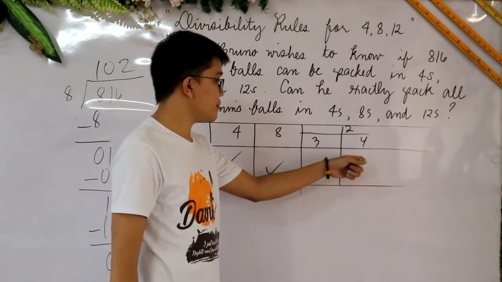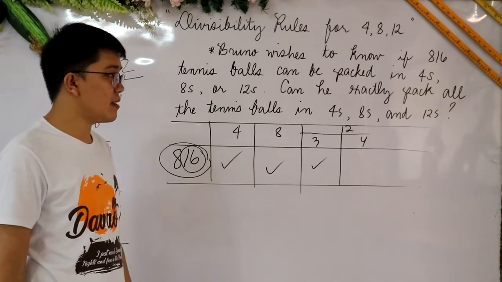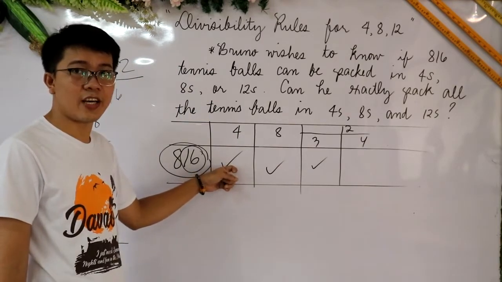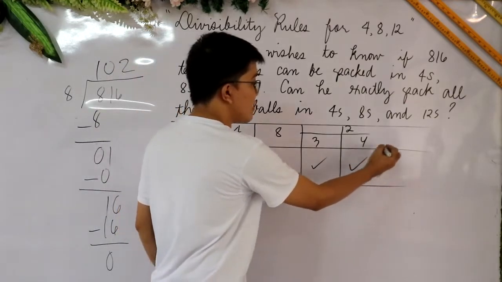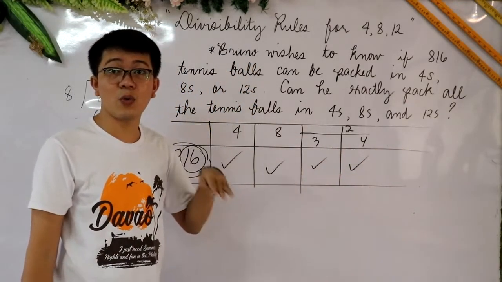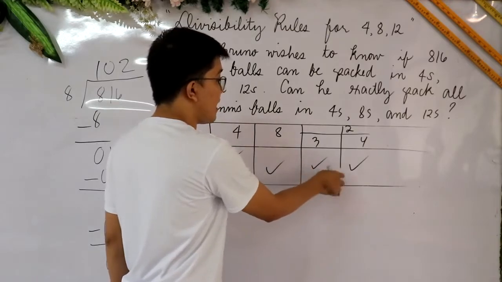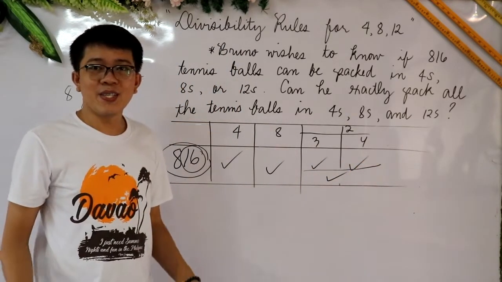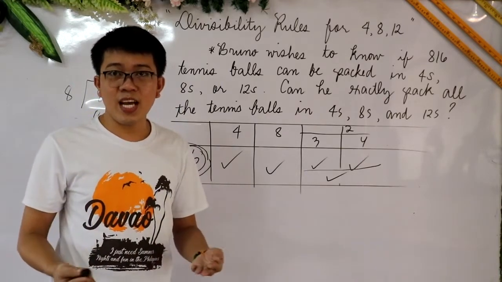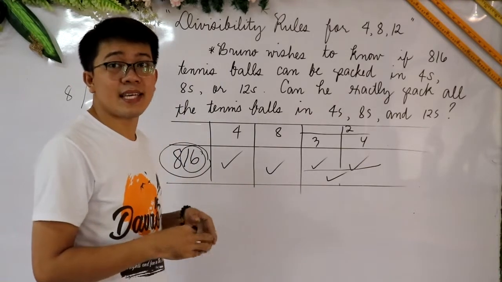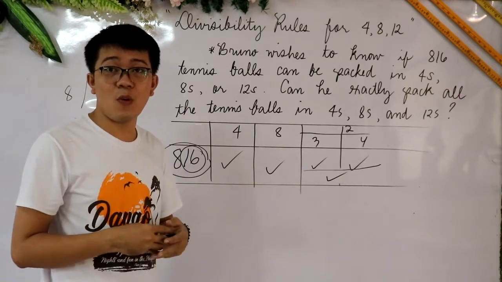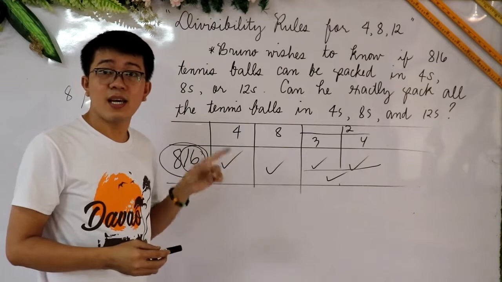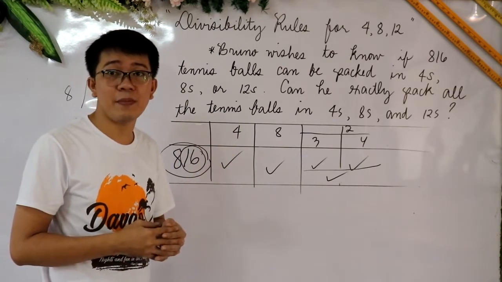Next, is it divisible by 4? Yes, because we already checked earlier. So we say, since it is divisible by 3 and 4, now we say that it is also divisible by 12. So since we're done already checking if it is divisible by these three numbers, 4, 8, and 12, then we can already help Bruno answer his problem.